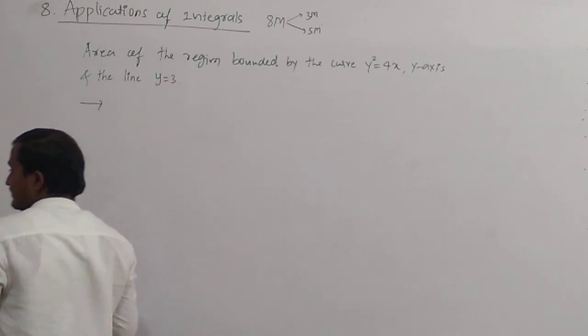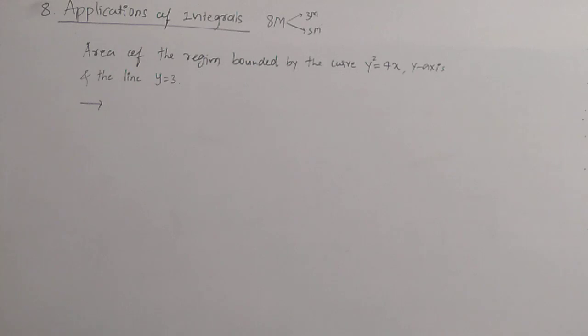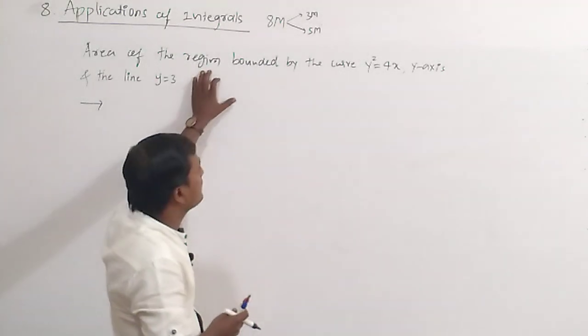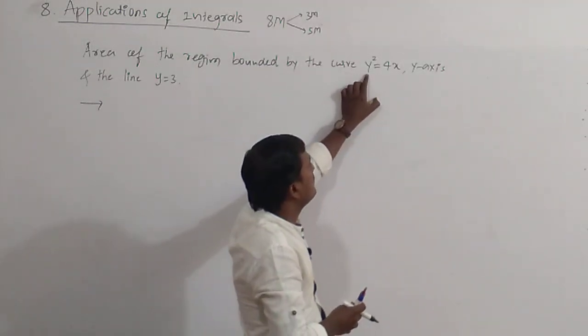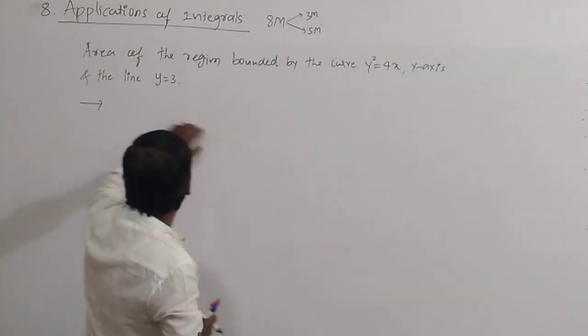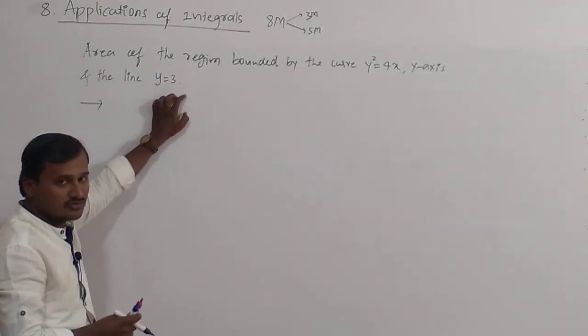Here we should find the area of the region bounded by the curve y square equal to 4x with the y axis and the line y equal to 3.